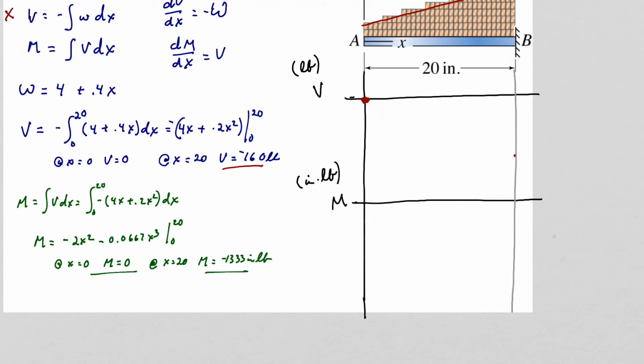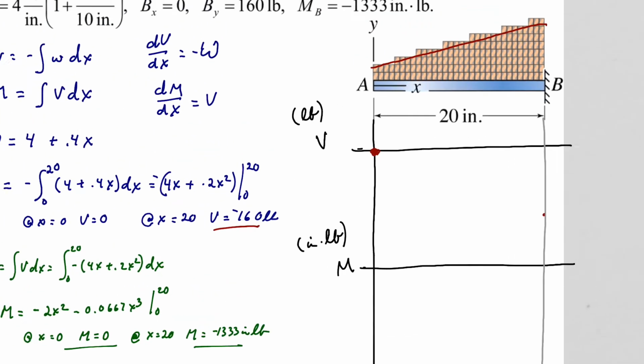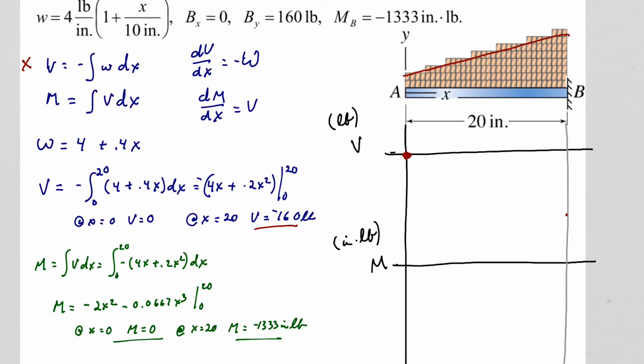The way we determine that is, if you remember, I talked about this slope. The slope of the shear is the negative of the distributed load at that location. Right here at my point A, at 0, we know that our slope is 4 pounds, and it's a negative, so our slope is a negative 4.